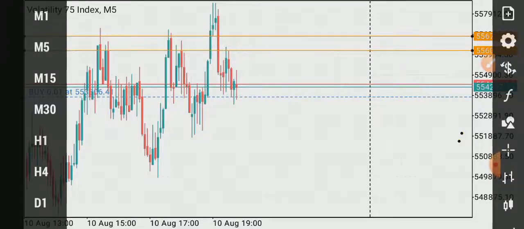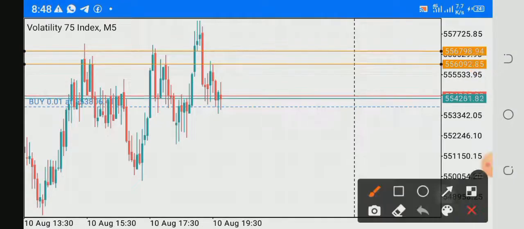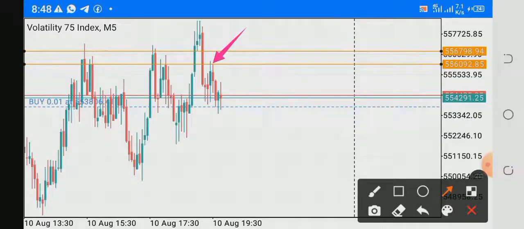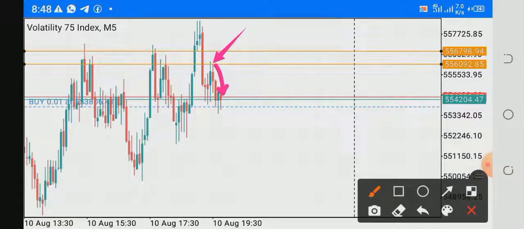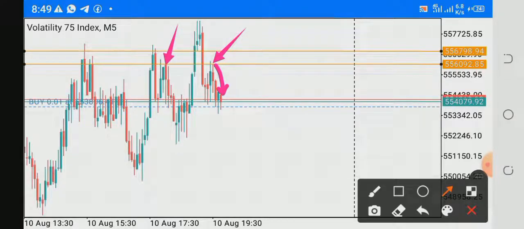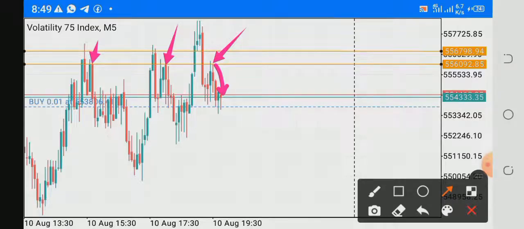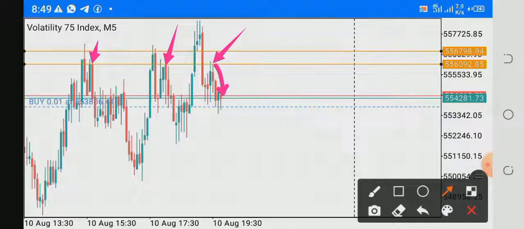Remember, this candlestick hits this resistance here and bounces back downward. Hope you are following. It also hits this resistance right here and bounces back again downward, and hits it here again, bounces back and starts trending down.